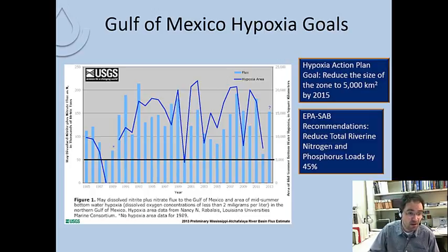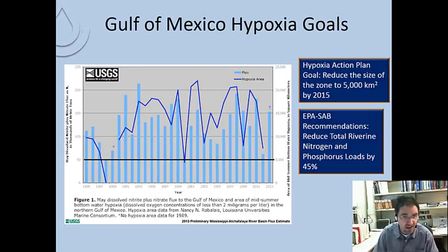As you look at the blue line on that, that's the hypoxic area. That's data from Nancy Rabelais, the estimated hypoxic zone area in the Gulf.